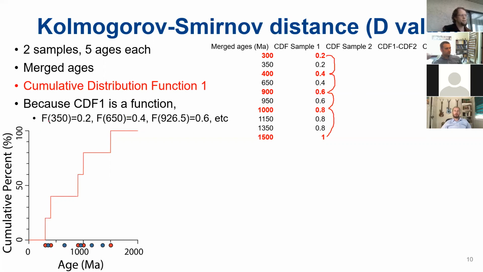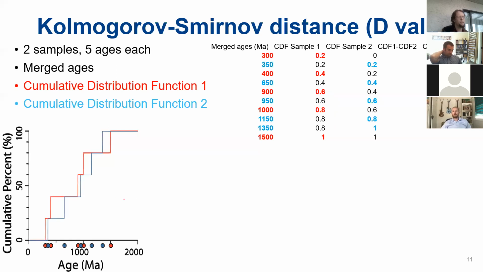CDF2. Because CDF1 is a function, f of 350 is 0.2, as you can see here. F of 300 or 650 is 0.4. F of 926.5 is 0.6. These are continuous functions, and so we can compare them to other ones because we can subtract them from one another.